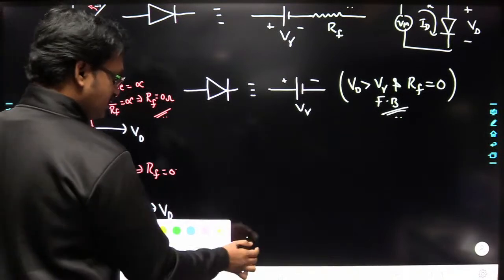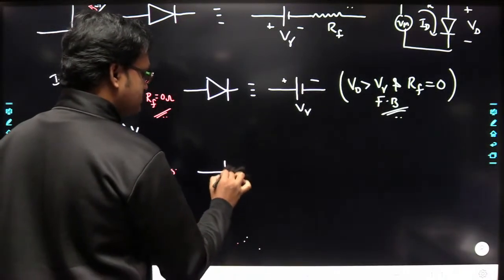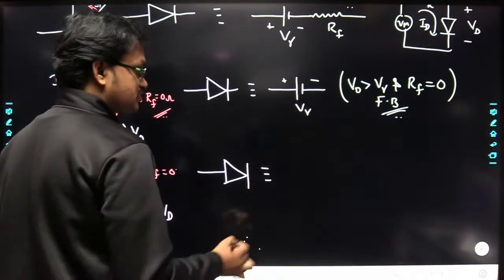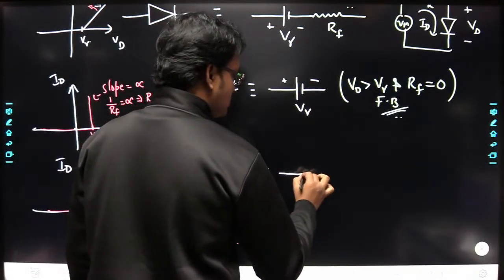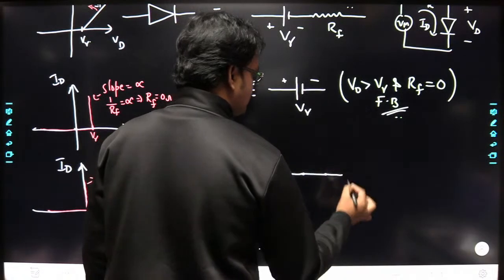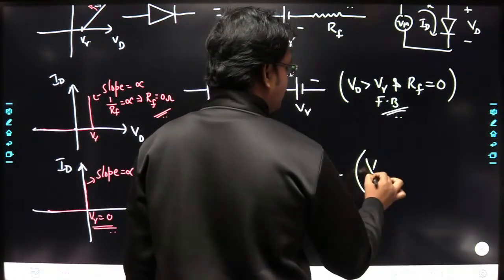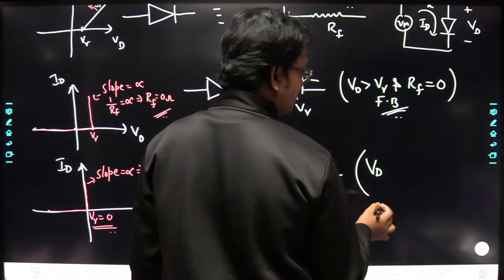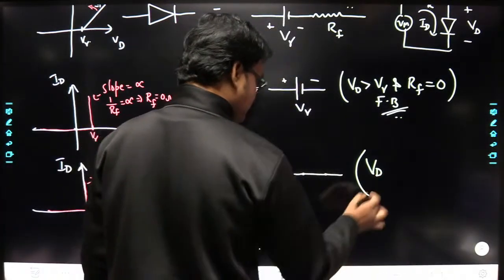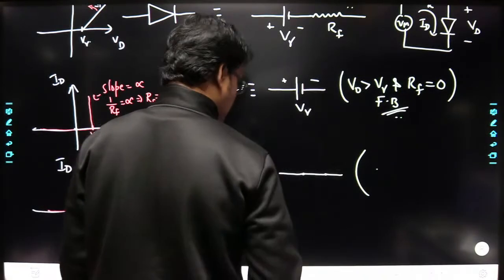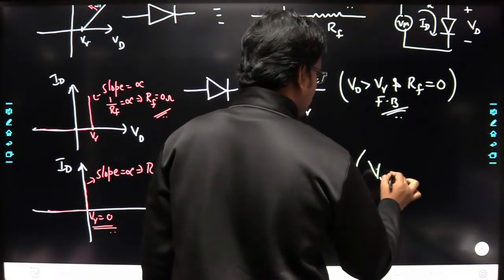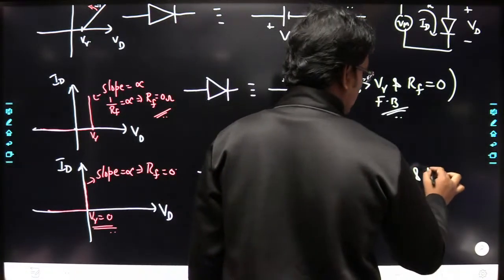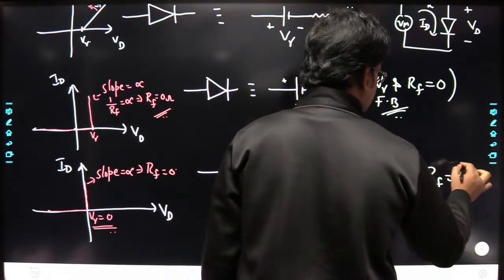So in this case you can replace the diode. The equivalent model of the diode in this case is just a short circuit here. Now here VD, that is V gamma, in this case V gamma is equal to 0, and RF is also equal to 0.